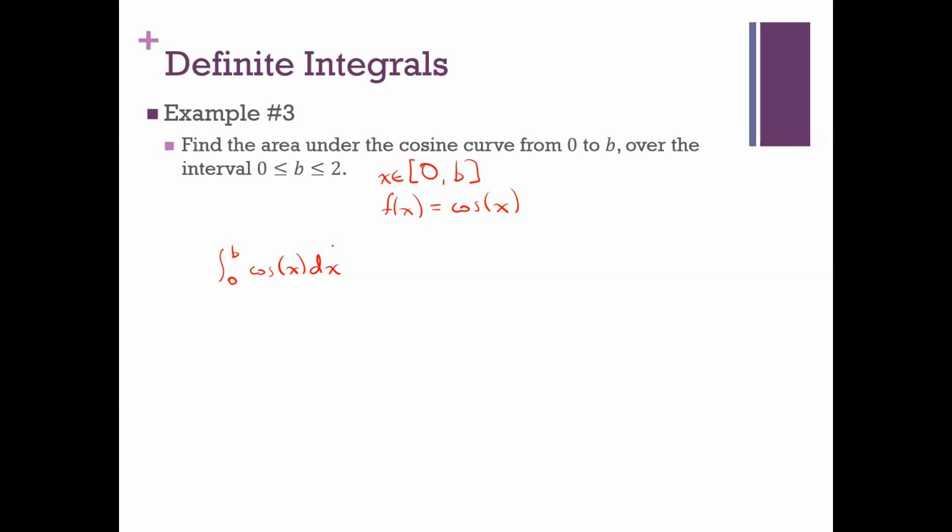So now can we evaluate this thing? What do we need to do with cosine x to continue? I need the antiderivative. So from here, what is the antiderivative of cosine x? Sine of x plus c.